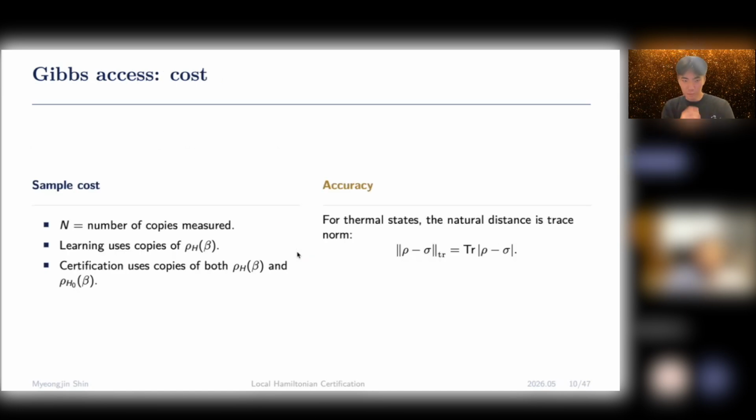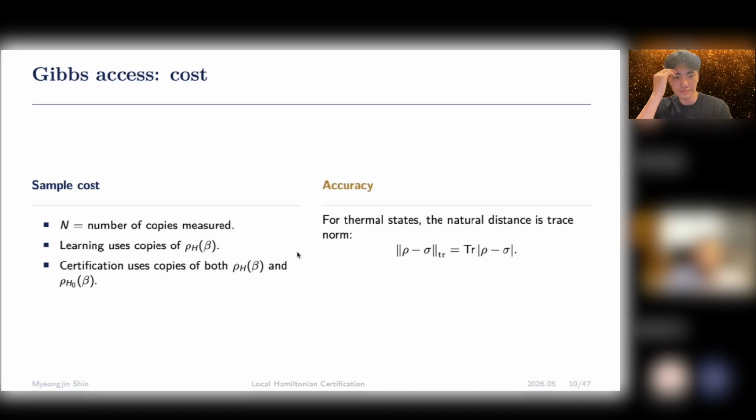So what are the costs? Of course, the cost is just the copy complexity. And sometimes it could be important to consider the classical post-processing time. But the main cost is the number of copies measured.